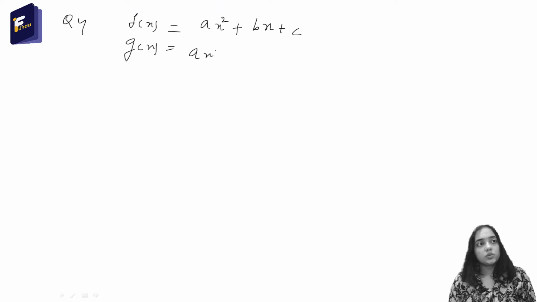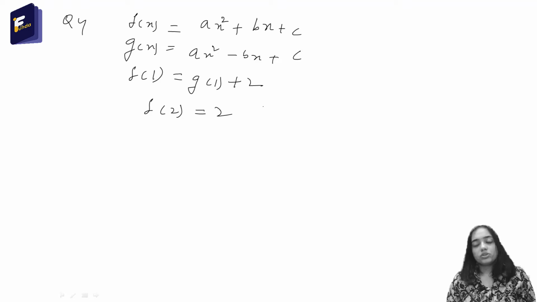So this is question number 4. If f of x equal to ax square plus bx plus c, g of x equal to ax square minus bx plus c, and we are given the condition that f of 1 equal to g of 1 plus 2 and f of 2 is equal to 2, find g of 2.